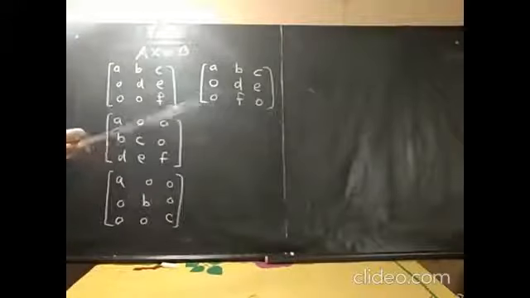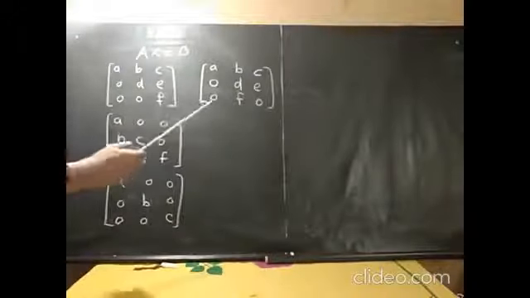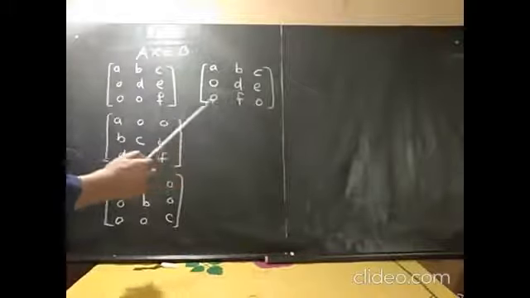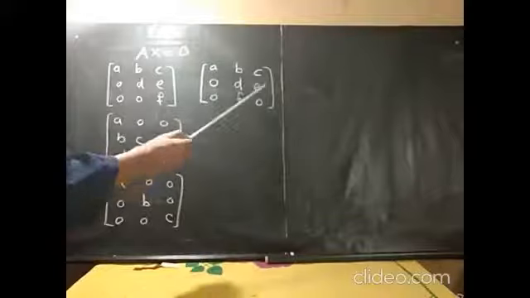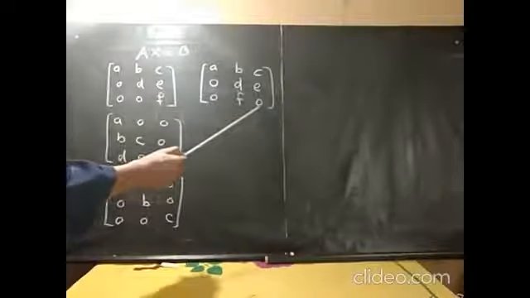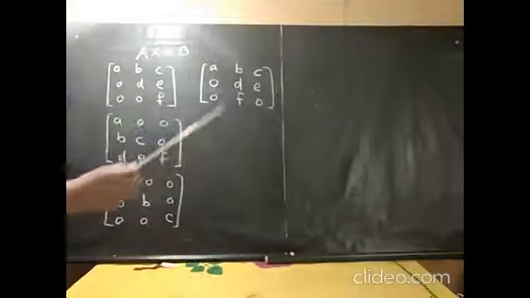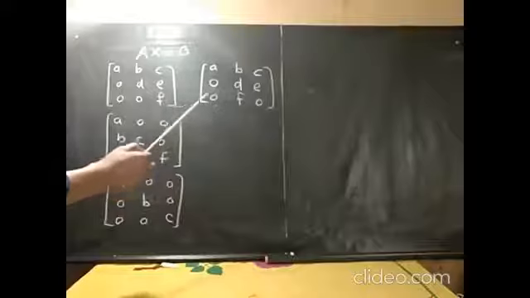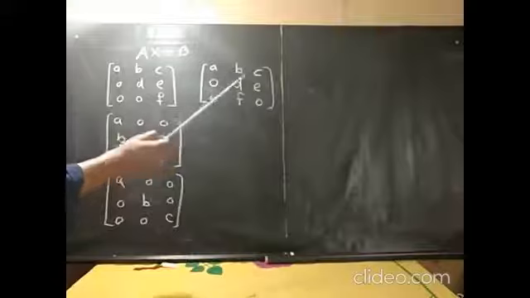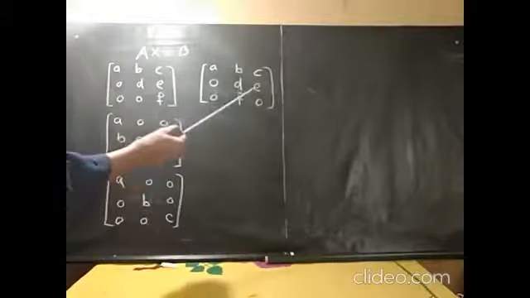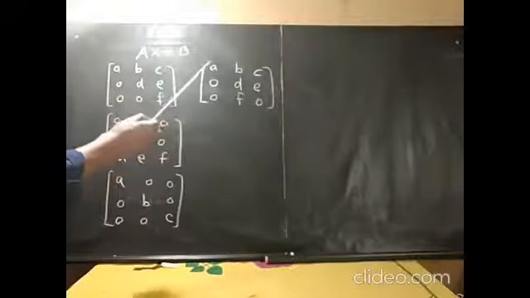This will also do, because here you will get value of y first. See, from here you will get 0 into x, f into y, 0 into z equal to something like that. Okay. So you will get value of y first. You will substitute value of y in above equation, you will get z. Then you will get value of x.